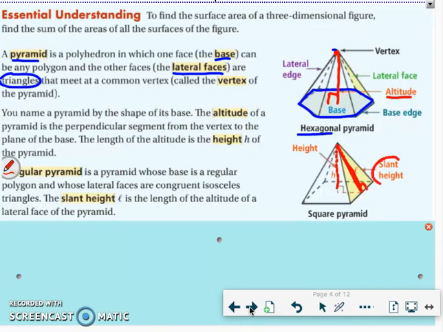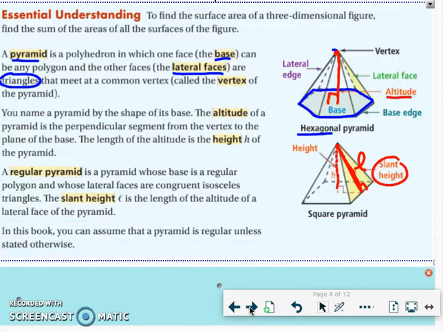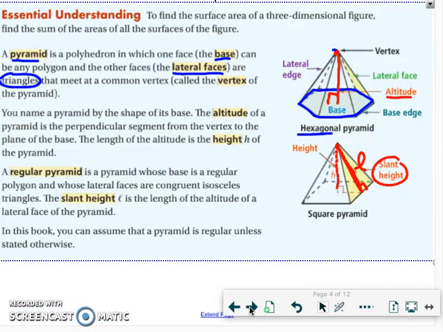So that's called the slant height, and we use a cursive l for that. We need to know the slant height today because we need lateral area. Instead of an area inside, we need an area outside on the surface. In the book and in our worksheets, you can assume that a pyramid is regular unless stated otherwise.